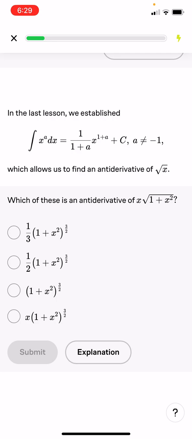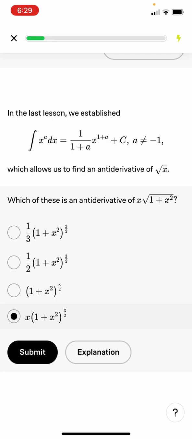Antiderivative. So we would increase, but we checked all of them. I wonder if it'd just be doubling it.